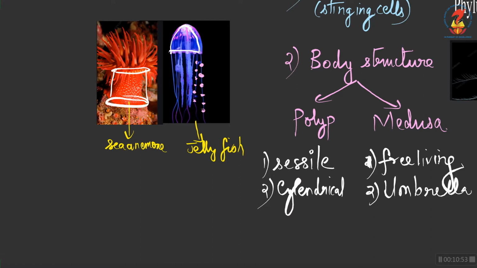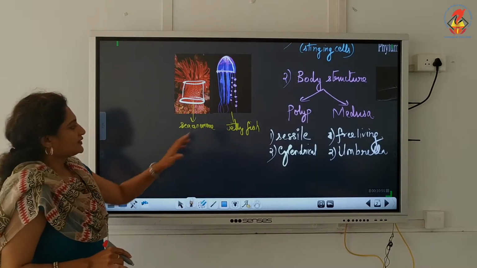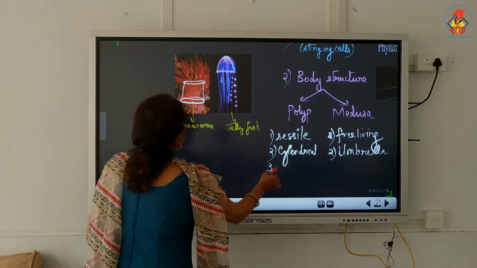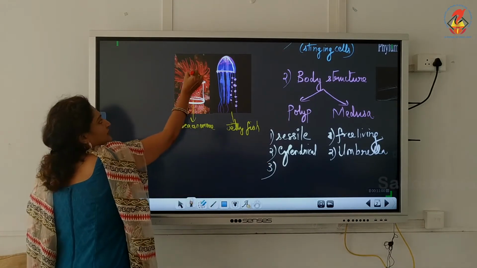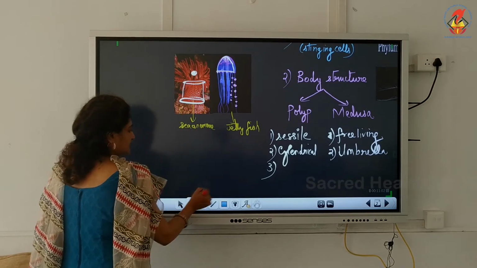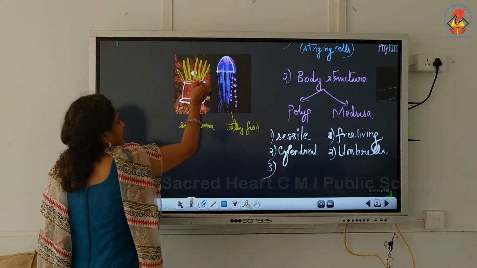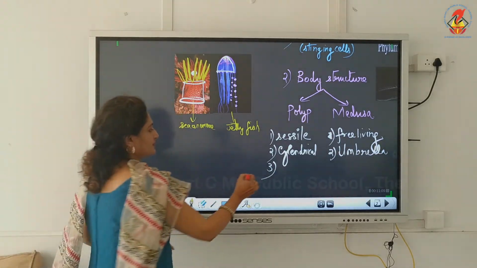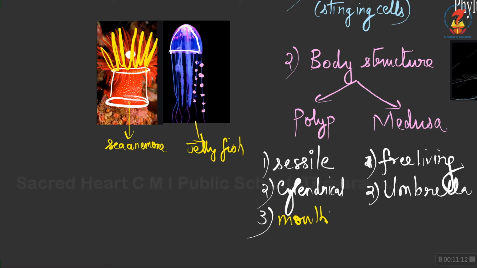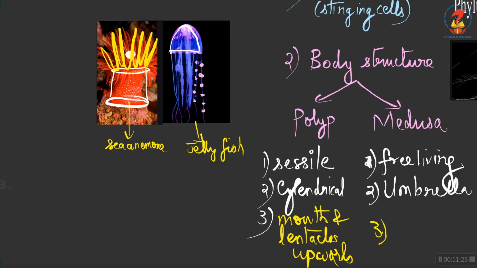Then the third feature, the mouth and the tentacles. See, here's the mouth and the tentacles. Tentacles are facing upwards, whereas here the mouth and tentacles are facing downwards.